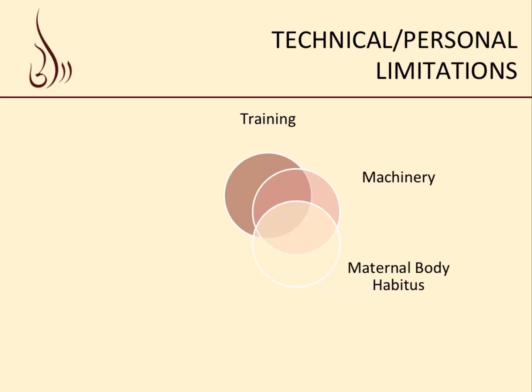Finally, there are several technical and personal limitations as we look at the fetus in the first trimester, even if it is only the mid-sagittal view, because this does require training. You have to have a machine with good resolution. Maternal body habitus plays a role. However, there are emerging studies that show us that we may be able to do better anatomic assessment of the fetus at this point in gestation when the maternal body mass index is more than 40.